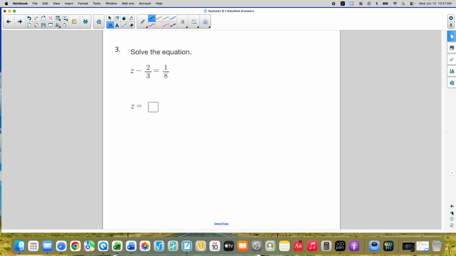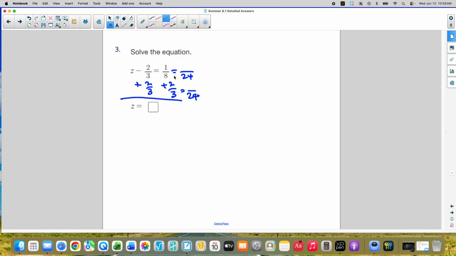What's happening in this example to my variable? 2/3 is being subtracted. The inverse of subtracting 2/3 is adding 2/3. We're going to add 2/3, and a negative 2/3, positive 2/3 cancel, leaving us with z. Now we need common denominators, and I noticed that there were a fair number of students who did not understand that in lesson 7.1. So we need a common denominator.